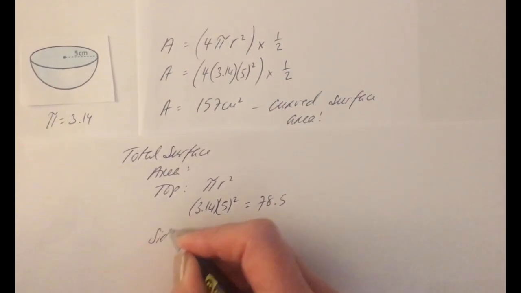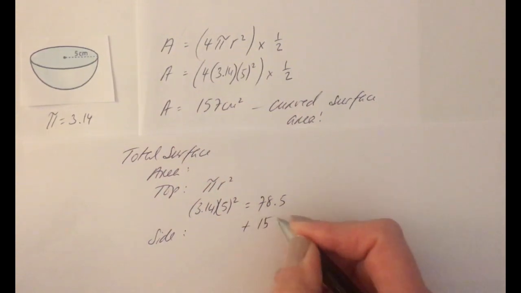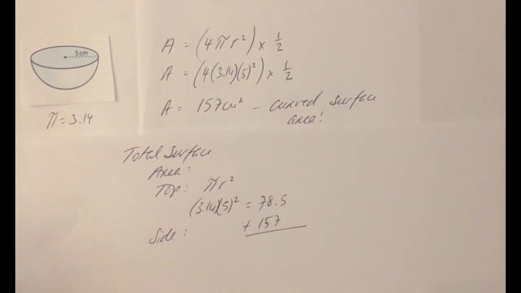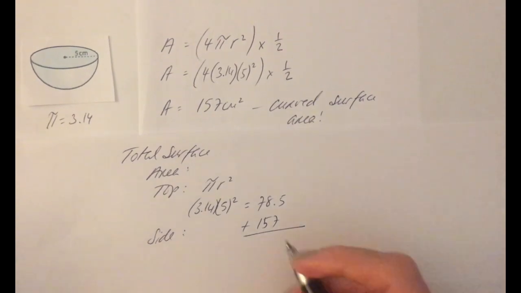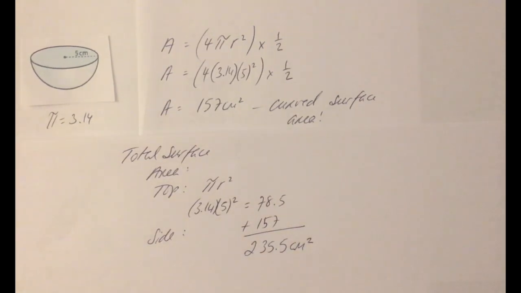And the sides, of course, is just the curved surface, so we're adding on 157 there. And the final answer then for my total surface area of this hemisphere, 235.5 centimeters squared.